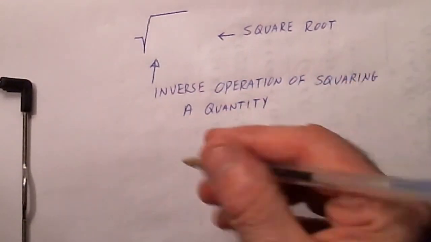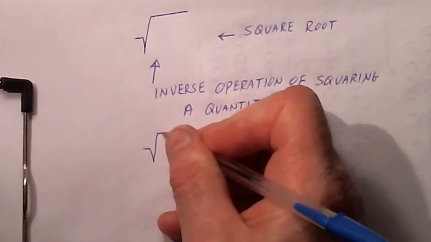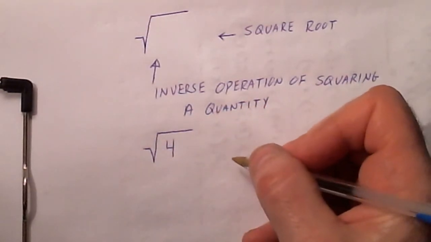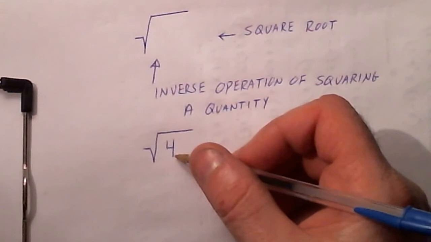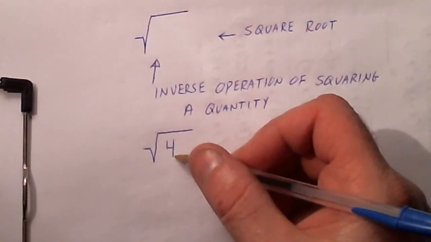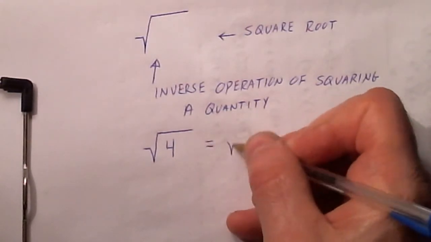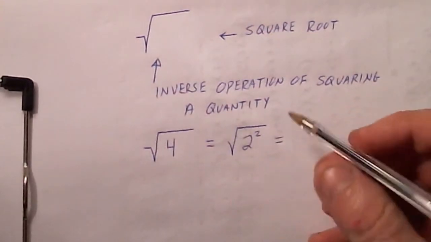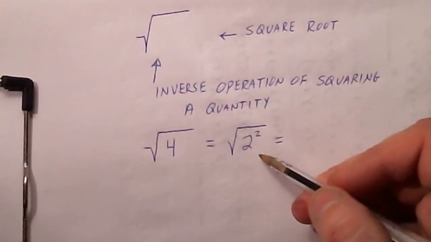Basically, the square root works this way. If I was to take the square root of a perfect square, like how about the square root of 4? Well, ladies and gentlemen, we just discovered that 4 is the perfect square of the whole number of 2. And so therefore, the square root of 4 is really equal to the square root of 2 squared. Well, here's how it works.